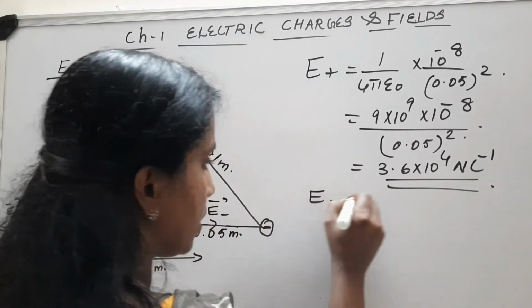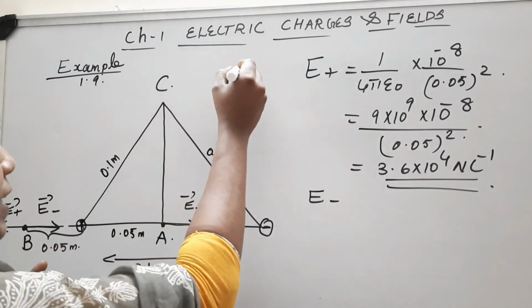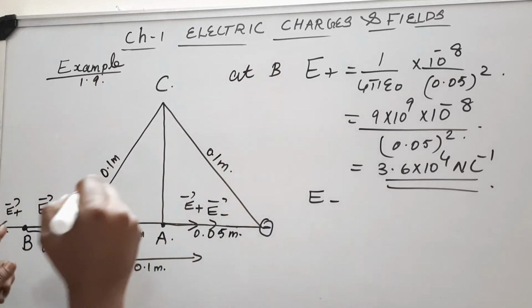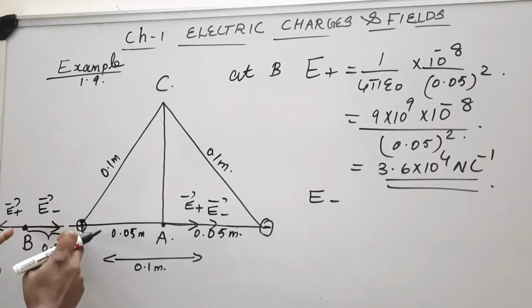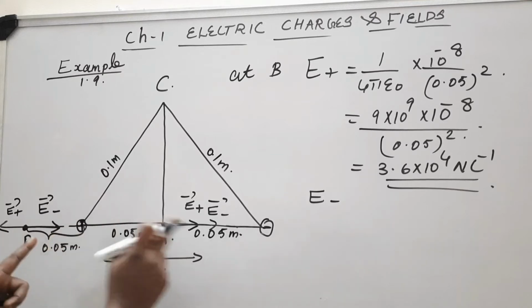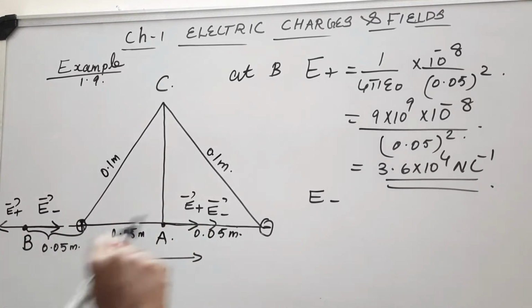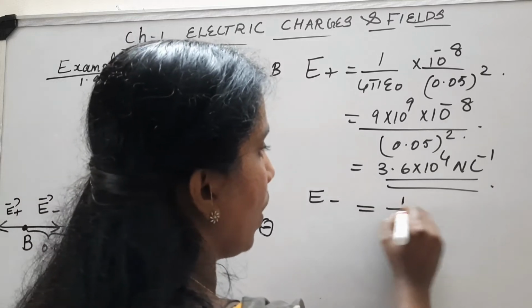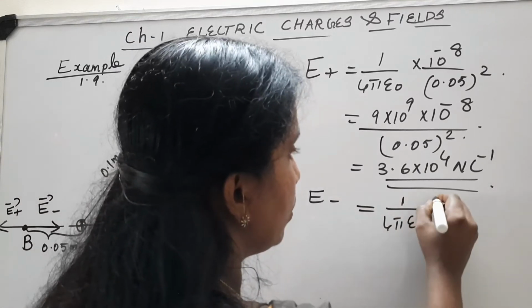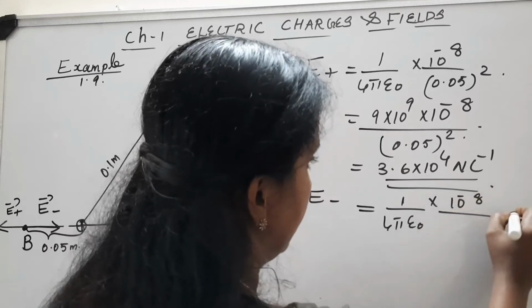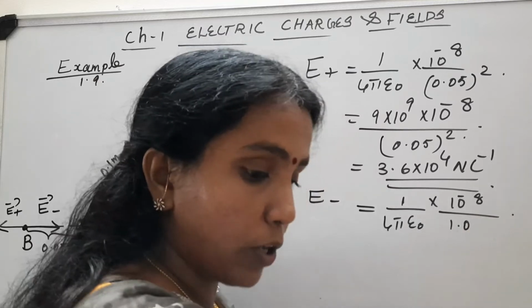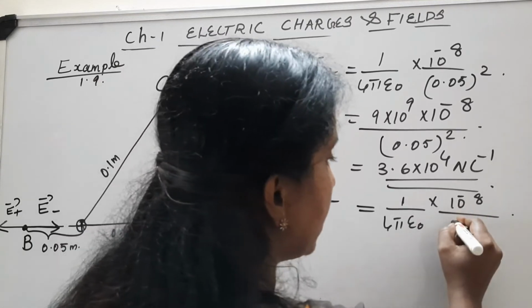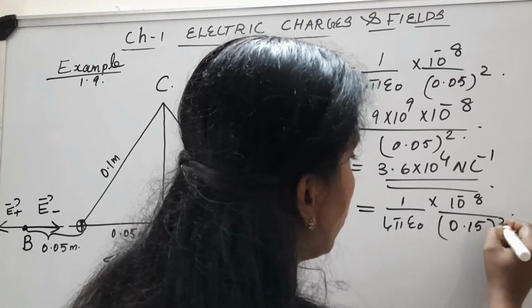Now let's find what is E minus at the point B. What makes the difference is that the distance from the negative charge is different. This is 0.1, then an additional distance 0.05 is there, so the distance becomes 0.15. That is the difference here. So 1 by 4 pi epsilon 0 into 10 raised to minus 8 divided by 0.15, sorry, not 1.05, 0.15 the whole square.